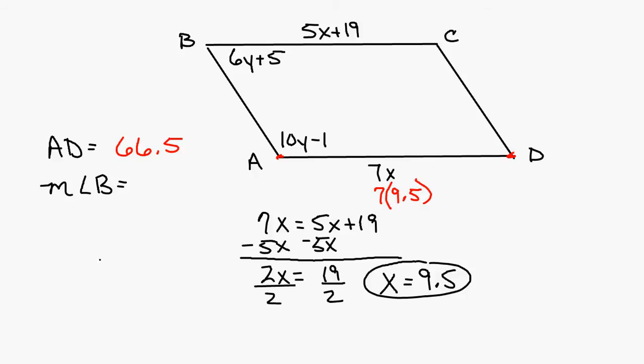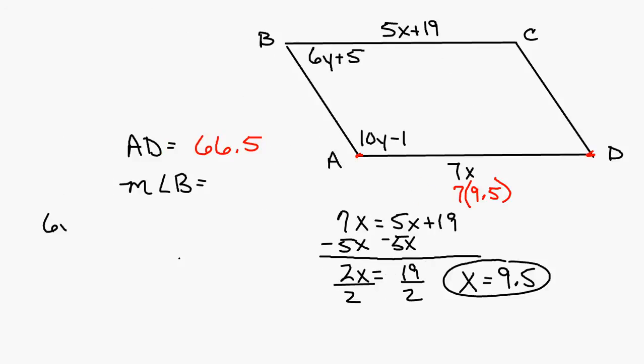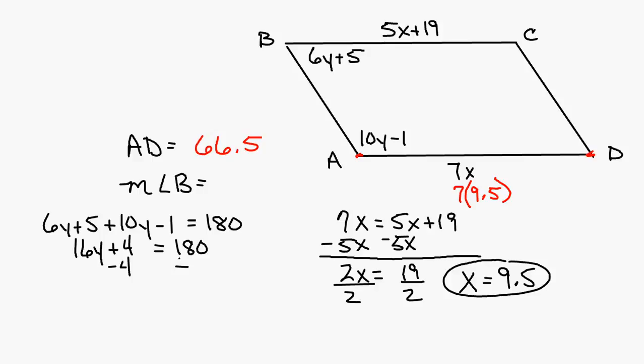Second part of the question is to find the measure of angle B. Consecutive angles are supplementary, and supplementary means that they sum to 180. So 6y plus 5 plus 10y minus 1 is equal to 180. If you combine your like terms on the left side, you're going to get 16y plus 4 equals 180. And you can subtract 4 from each side.